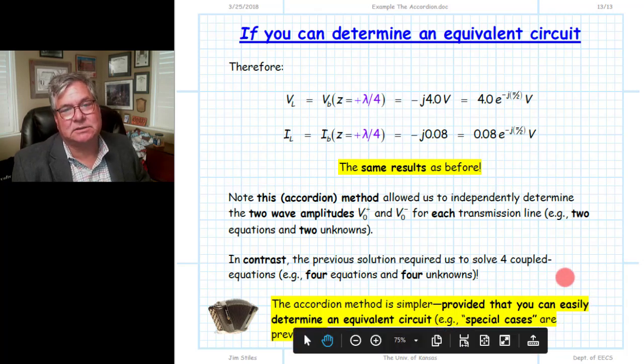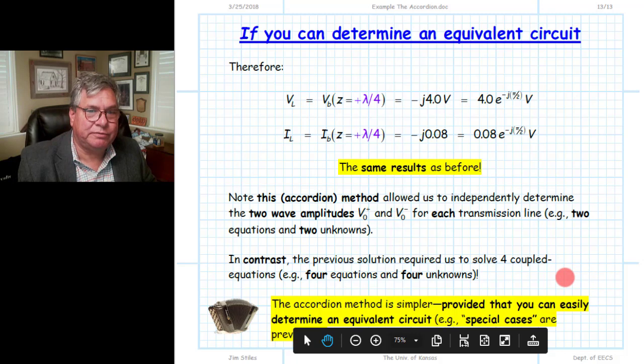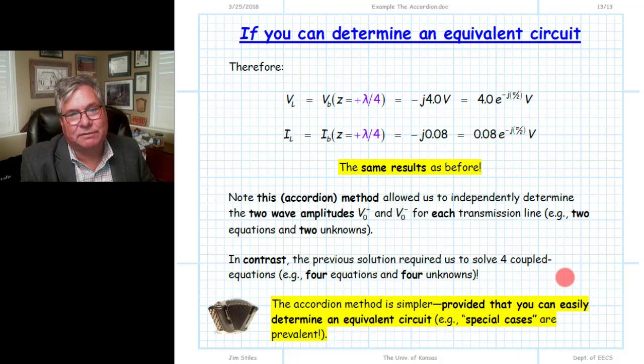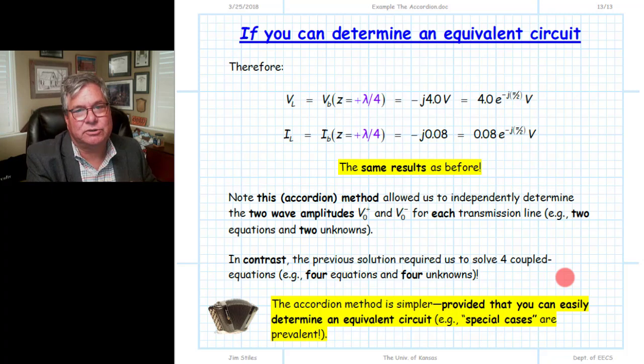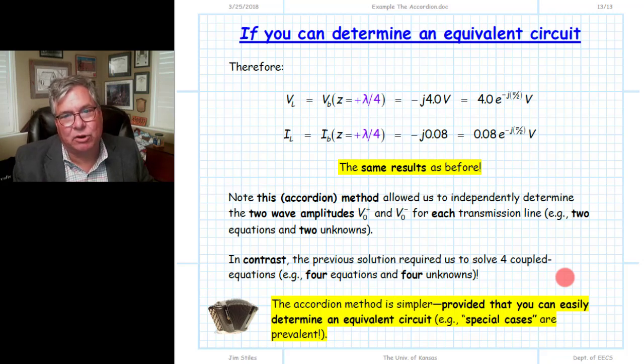The reason is because in most microwave circuits that are useful, we'll find lengths of transmission line associated with our special cases, lambda over 4, lambda over 2, and so frequently we can apply these special cases to crush our circuit into an equivalent circuit, easily find a current and voltage associated with the source, and then propagate that answer back as we expand out the accordion.